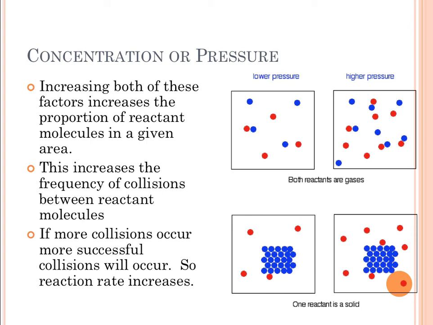So if 1% of them were successful, and at a low pressure or a low concentration, we had 10 collisions per second, well, then you're going to get 0.1 of a reaction. But if we increase the concentration to 100, well, then we're going to get 1 reaction per second. Okay? Still working at 1%, but the number of collisions goes up.